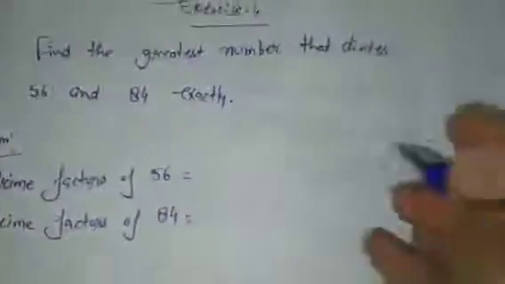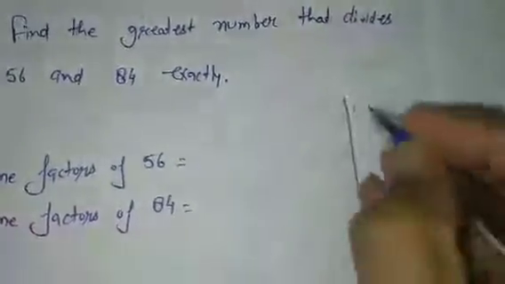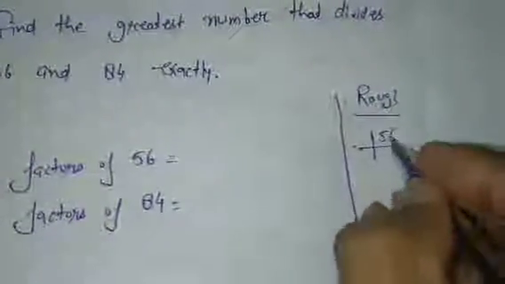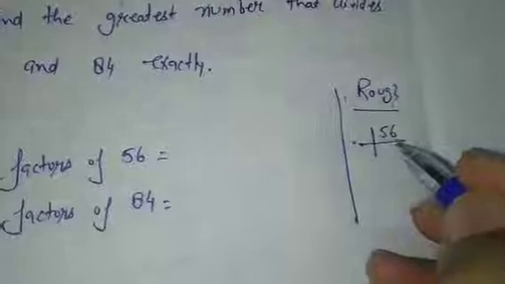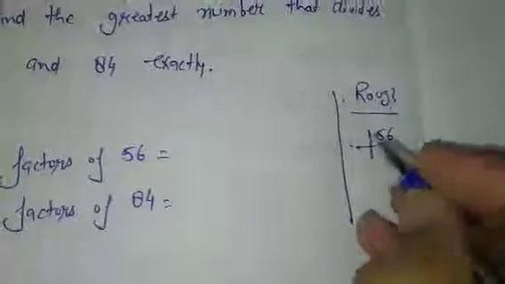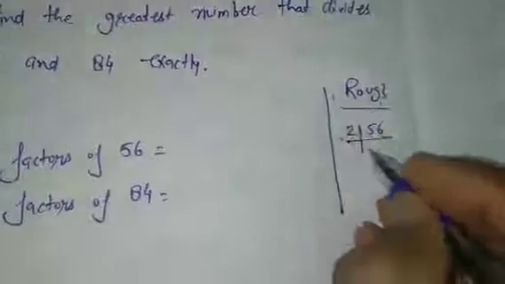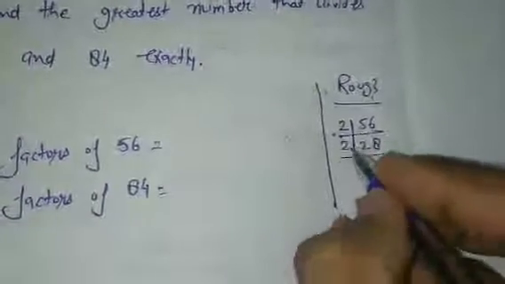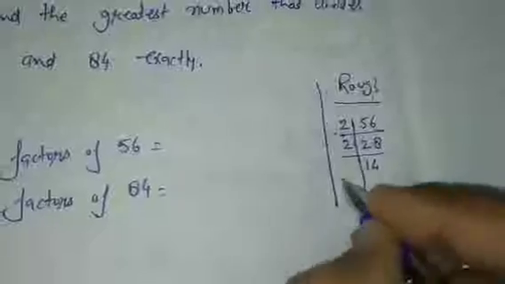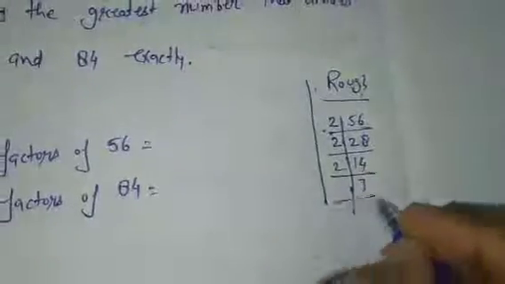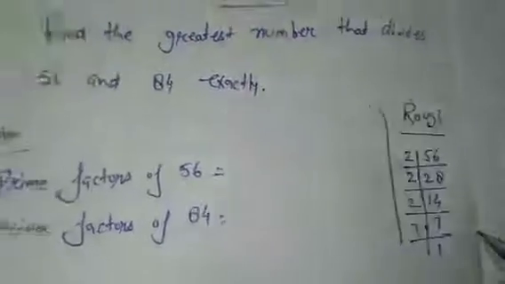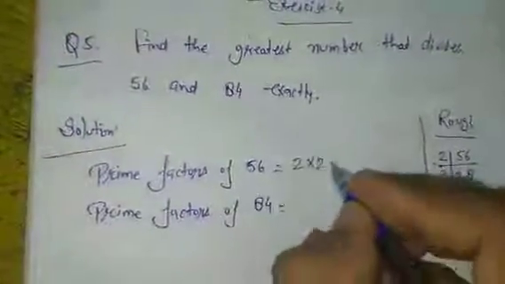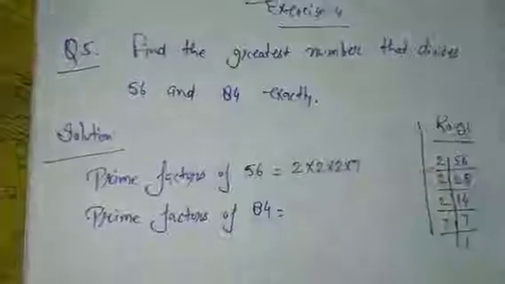In the rough column you will find out the prime factors. 56 will be divisible by the lowest prime number, that is 2. 2 2s are 4, 2 8s are 16, 2 1 ja 2, 2 4 ja 8, 2 7 ja, 7 1 ja. So the prime factors of 56 are 2 into 2 into 2 into 7.